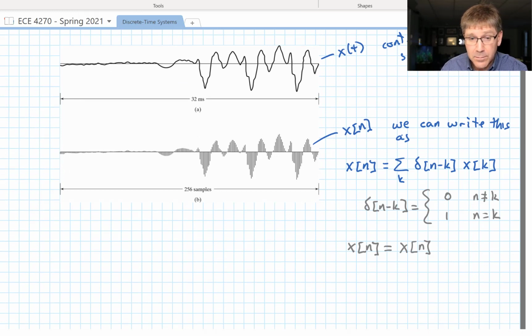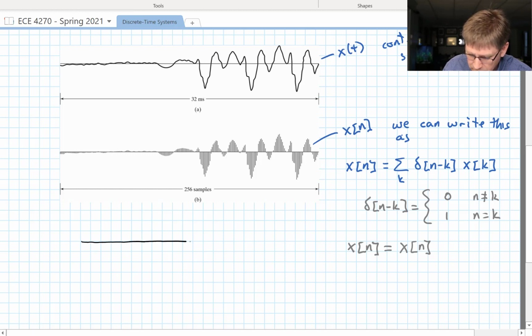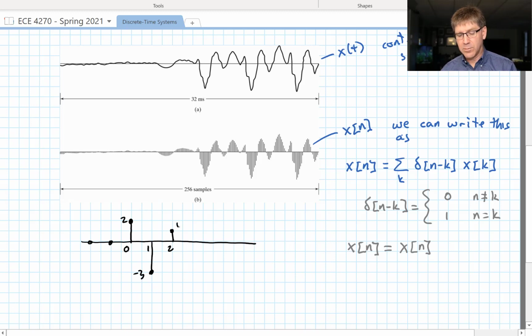It may help if we deal with a little bit simpler signal than the one up above. Let's assume we have this signal at 0 most places. At 0, 1, 2, we have values like that. That's 2, that's minus 3, and that amplitude is 1, and then it's 0 everywhere else.